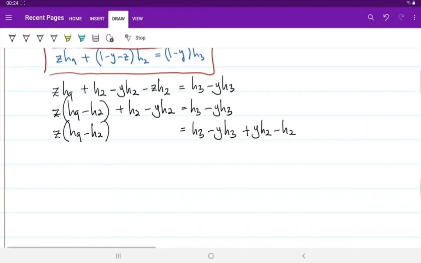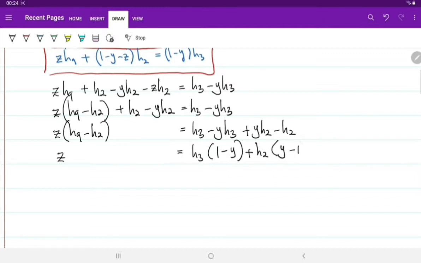So here you can have Z equals H3 times 1 minus y plus H2 times y minus 1, divided by H9 minus H2.